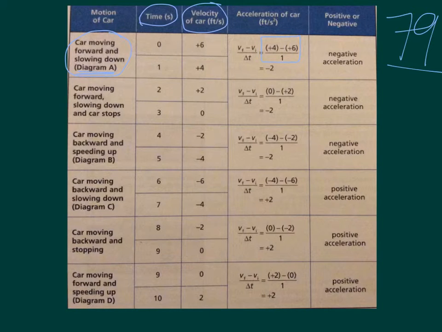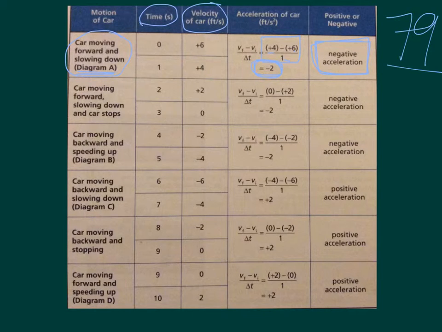We have a final velocity of 4 meters per second, starting velocity of 6 meters per second, and a 1 second time frame. That gives you an acceleration of -2. 4 minus 6 is -2. That gives you a negative acceleration.